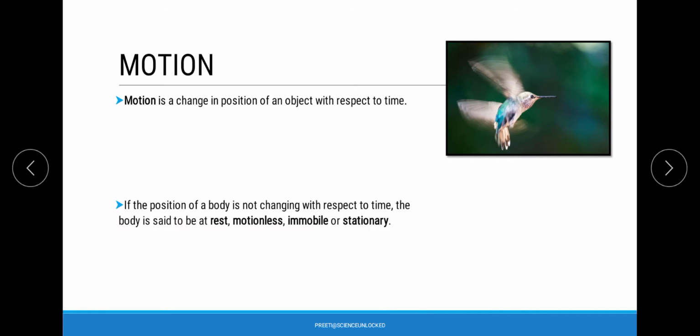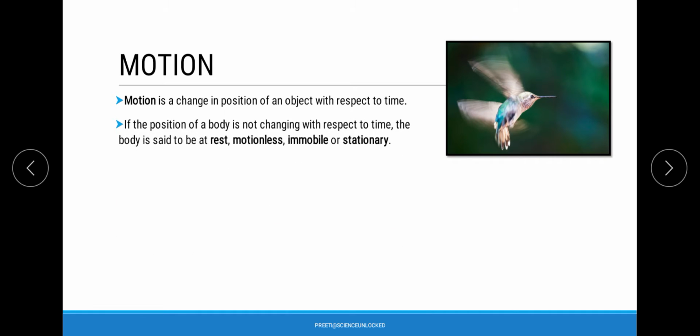If there is no change in the position of the body, the object is considered to be at rest, motionless or stationary. Any moving body is said to be in motion.